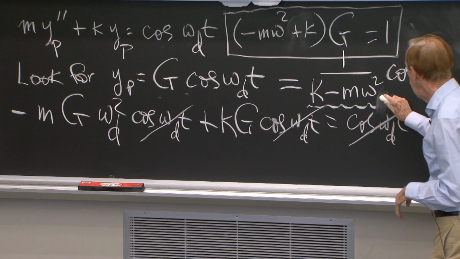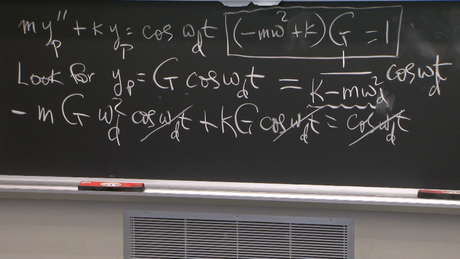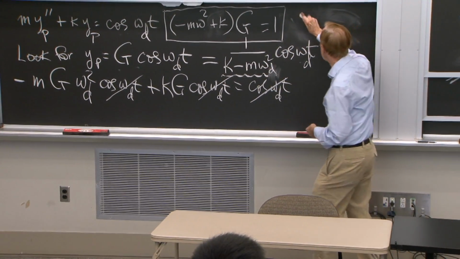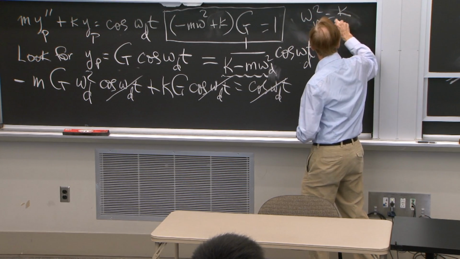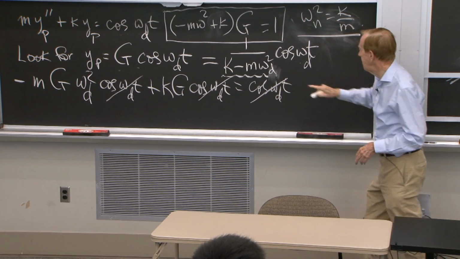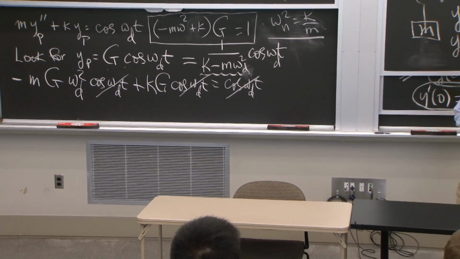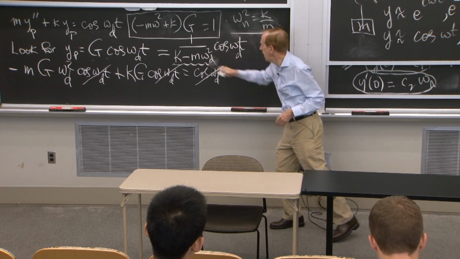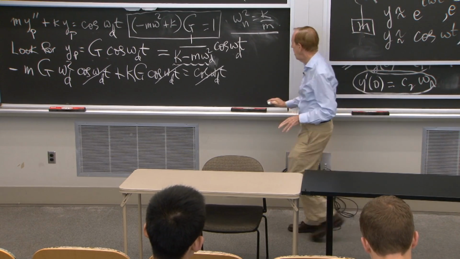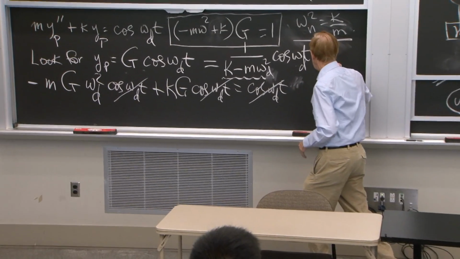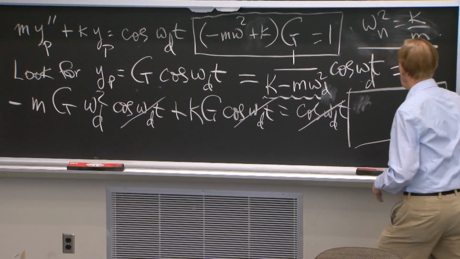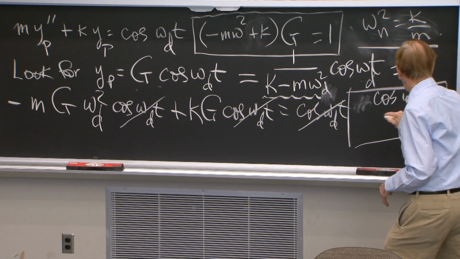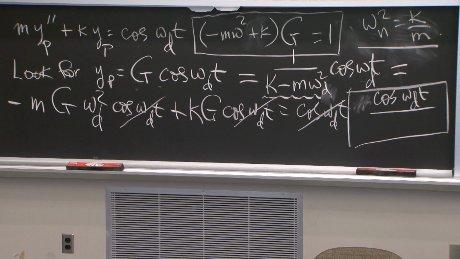It's d, isn't it? Yeah, sorry, it's d. But when I see this and remember that omega_n squared is k over m, I can use this to make it even more interesting. So it'll be equals, let me get this box ready, cosine of omega_d t divided by, now I just want to rewrite that.